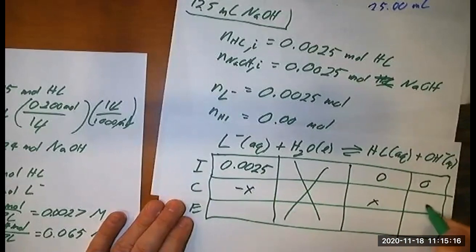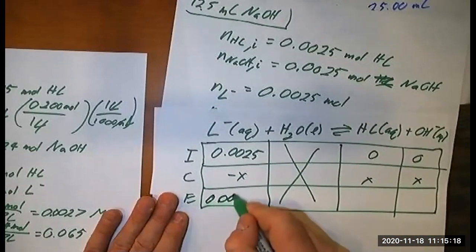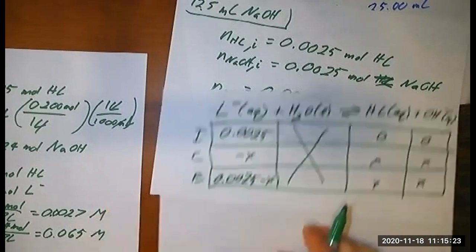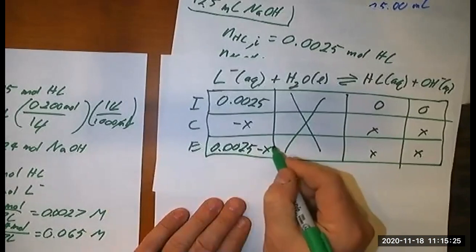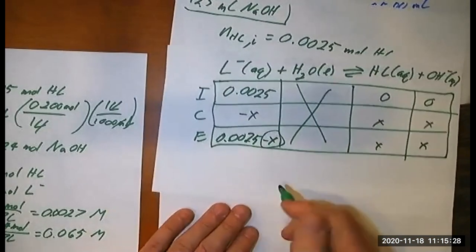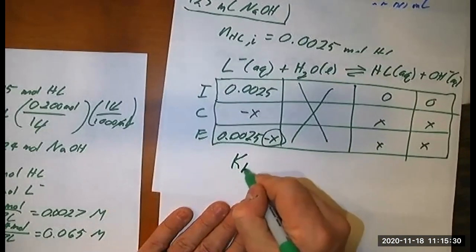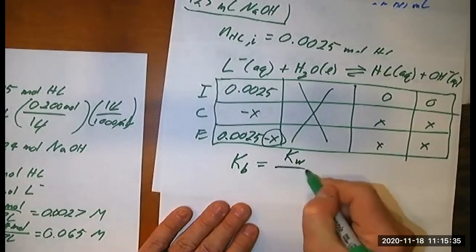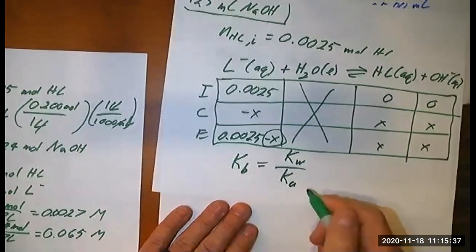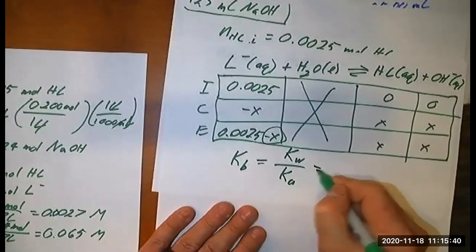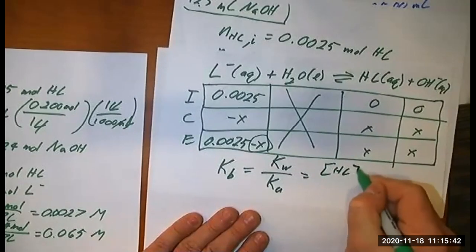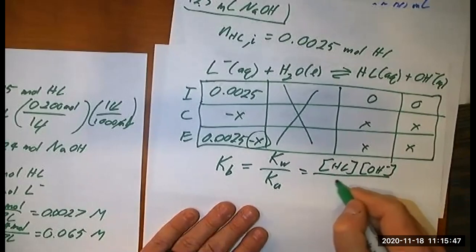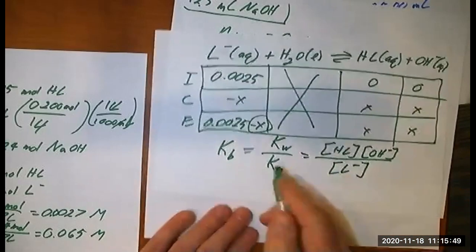Change: minus x, x, x. Equilibrium: 0.0025 minus x, x, x. We will see if we can ignore that to make the math easier. Kb, which remember equals Kw over the Ka of the conjugate acid, equals concentration of HL, concentration of OH minus over concentration of L minus.